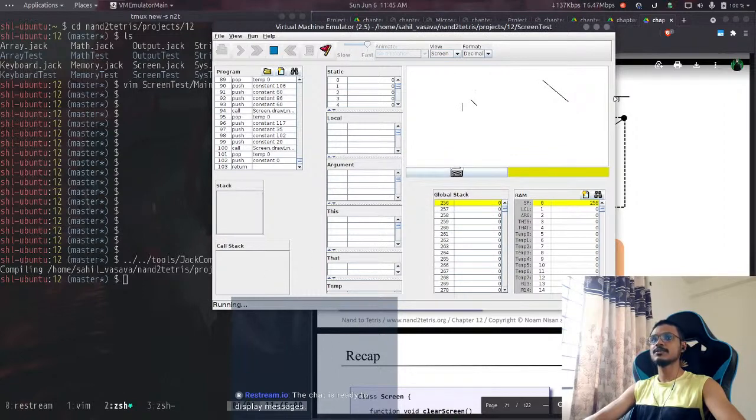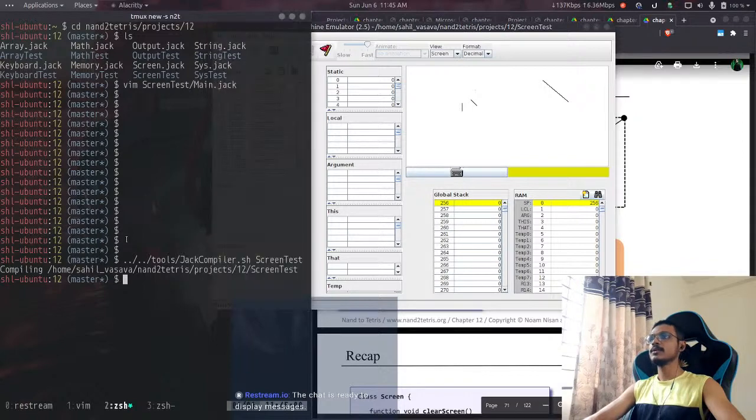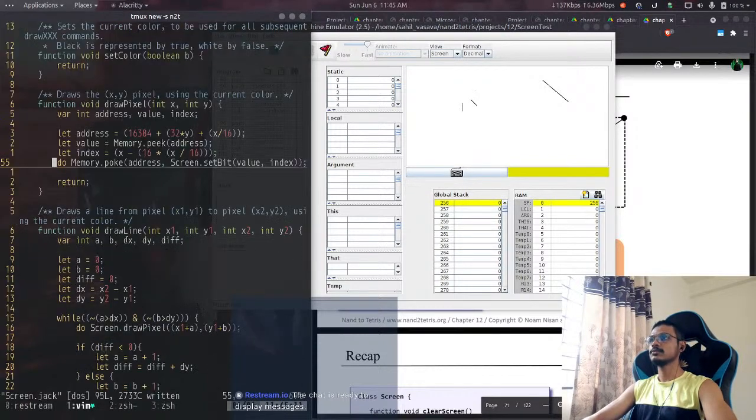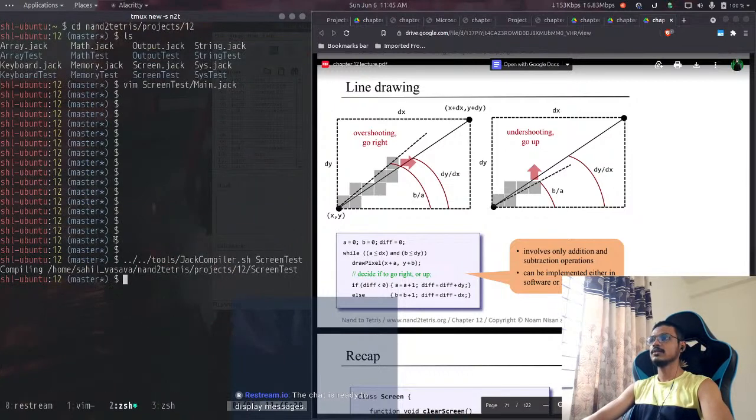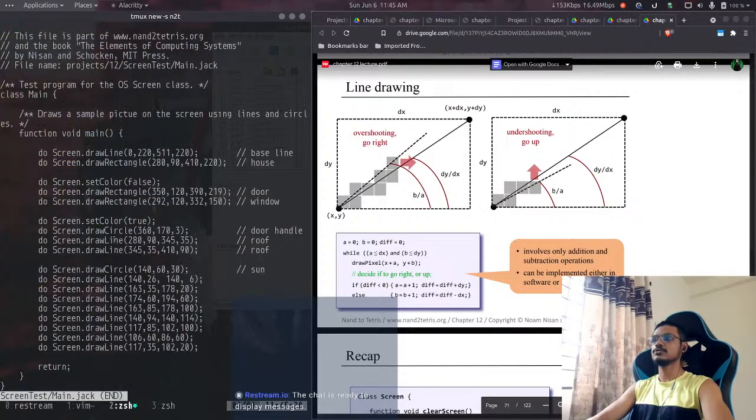Whoops, we did create lines. Oh, wait a minute. So this algorithm is just for this kind of line. You have to create an algorithm to draw different kinds of line. Not that easy for sure.